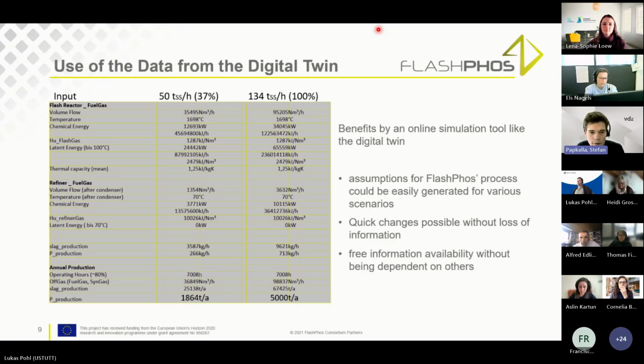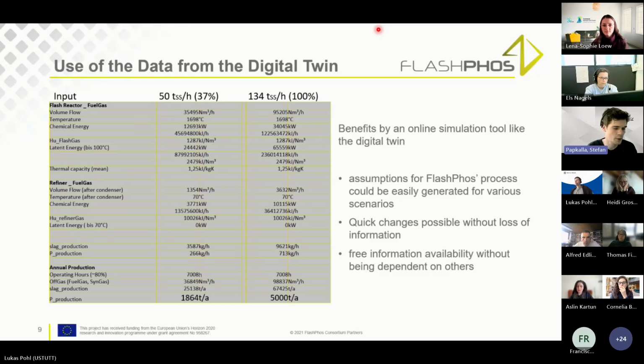And here it was very beneficial that we can play around with the digital twin and generate data sets for various scenarios. Also very quick changes were possible, and the information provided by the digital twin was available for us without being dependent on other project partners, which is sometimes a bit time intense, maybe you know.